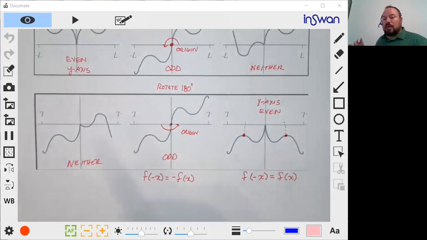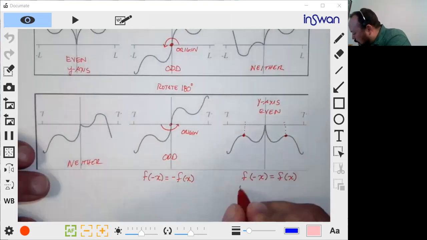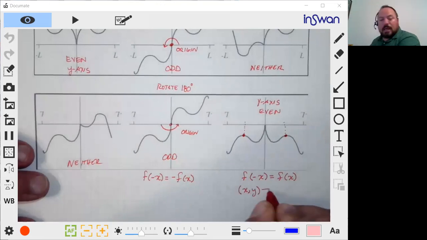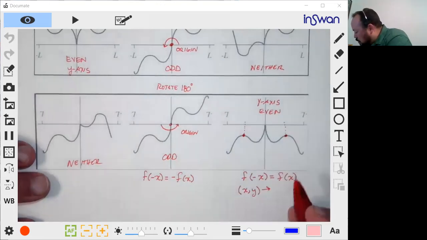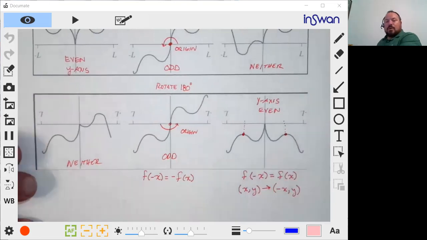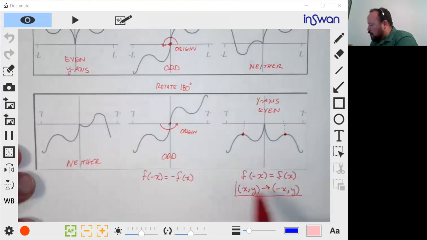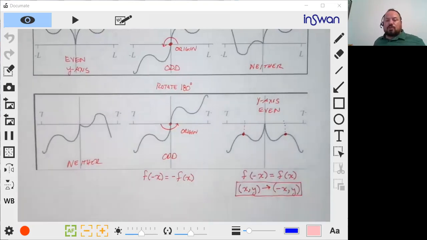The relationship between number pairs would be that if I have some x, y coordinate and I have even symmetry, I will then also have a negative x, y coordinate. This is going to be the important part for our first work in this course for our y-axis and our even symmetry.